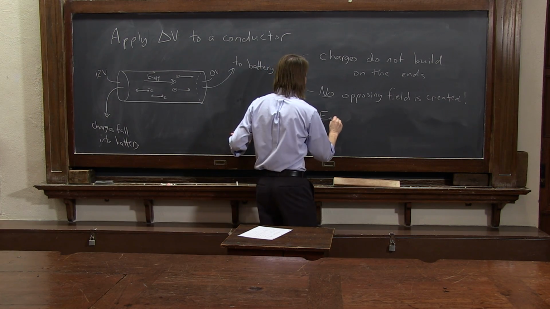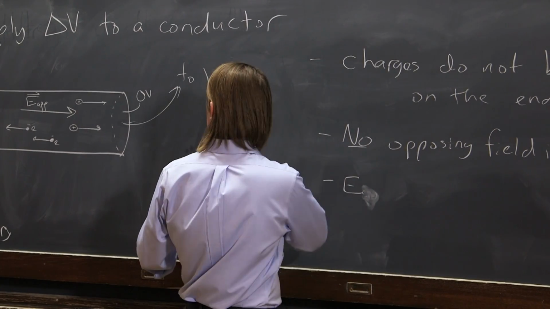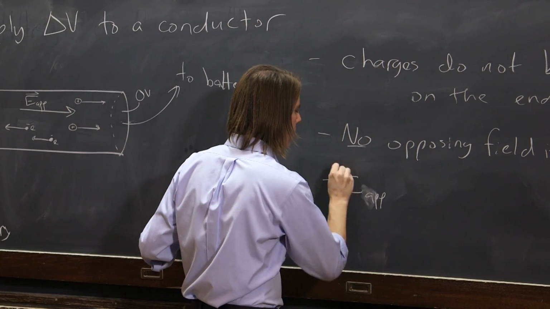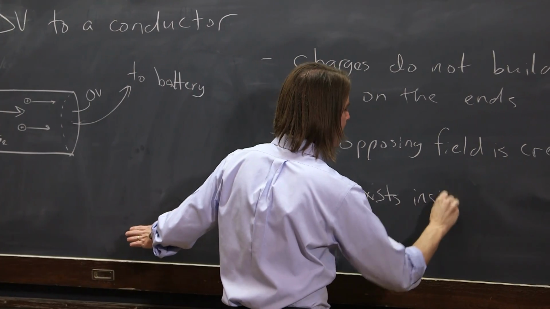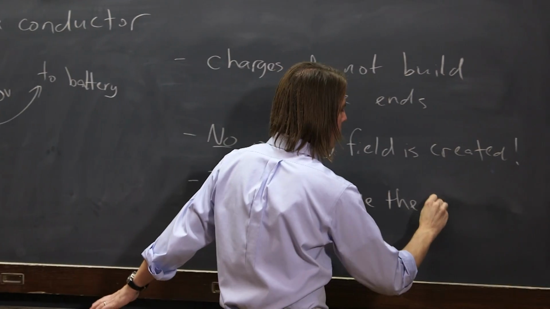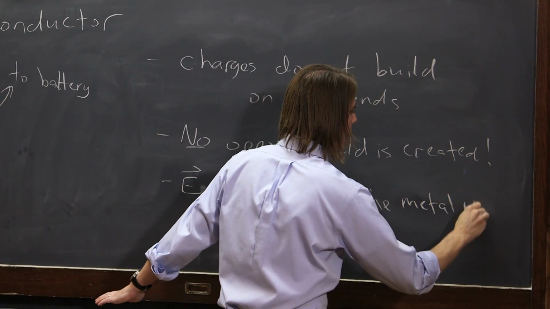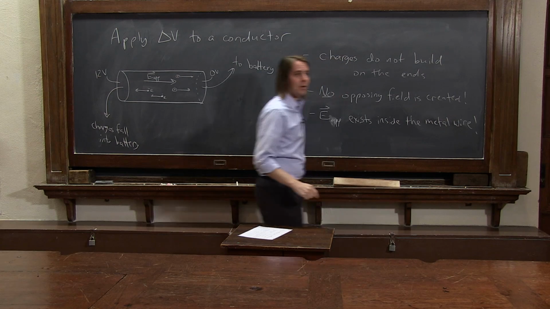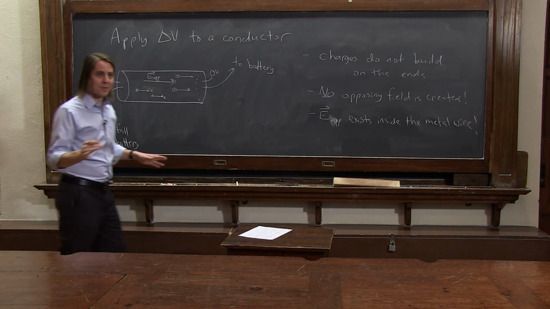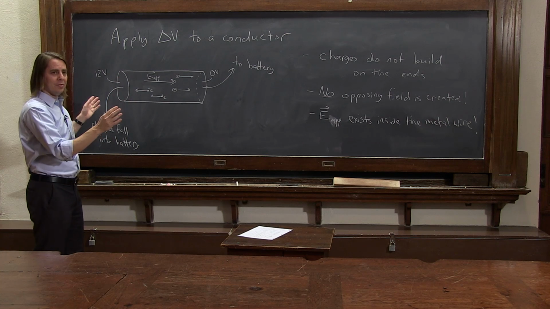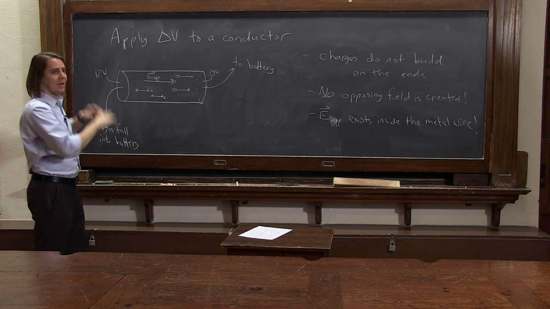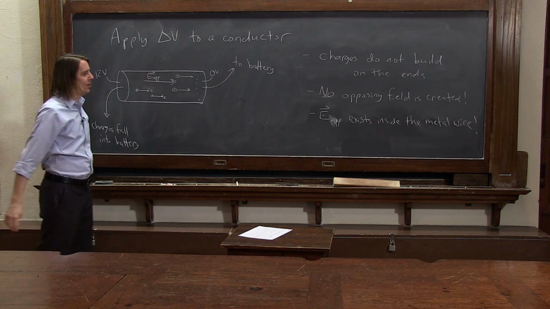E applied exists inside the metal. Completely the opposite of what we learned about before. Before we said if you put this in just a uniform electric field, charges will move, and the E field will go to 0. Now we're saying that doesn't happen because the charges can't build up and create an electric field.